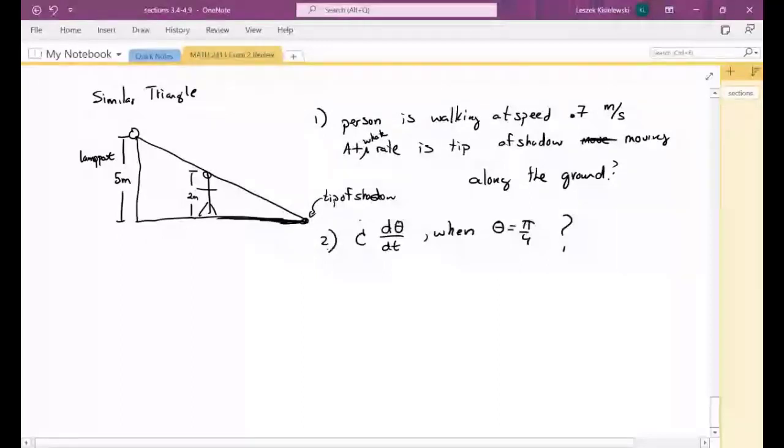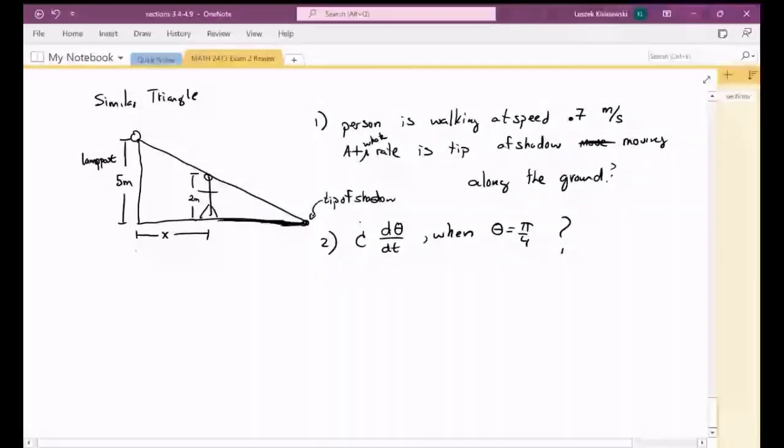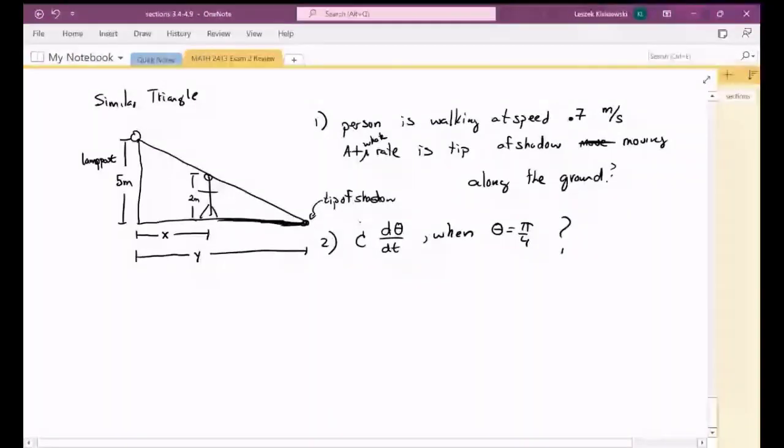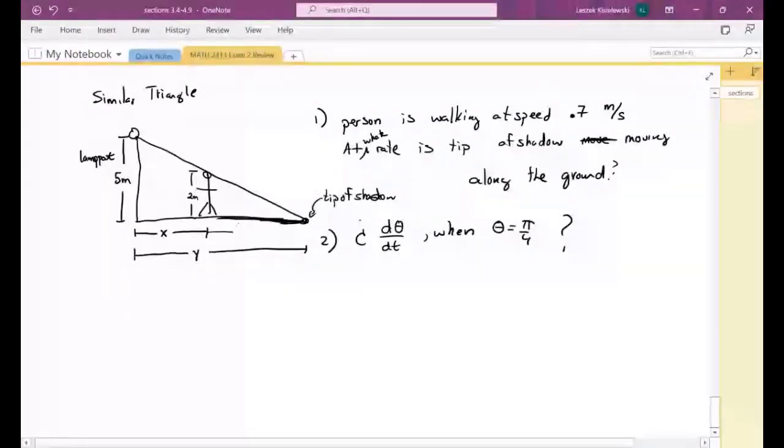What would you label? Well, what's changing here is how far the person is from the lamppost. And another variable, just be careful here, is how far the tip of the shadow is from the lamppost. Or you can alternatively label this y, but right now this is y minus x, right?